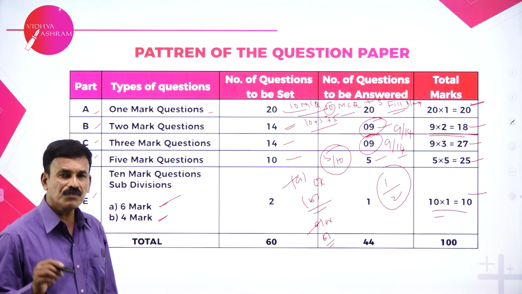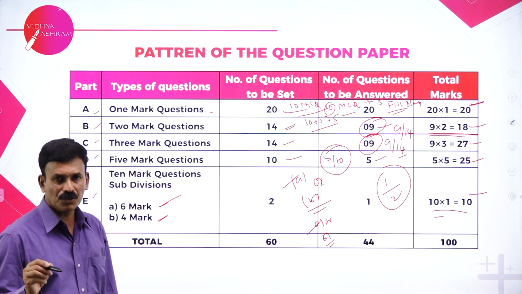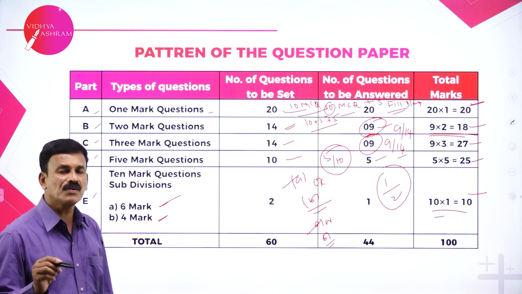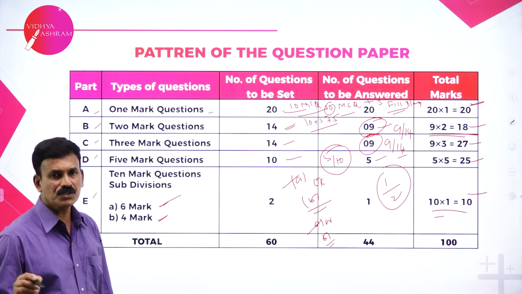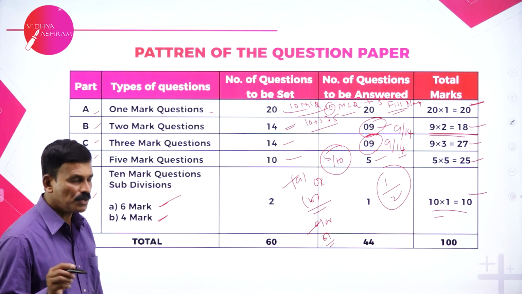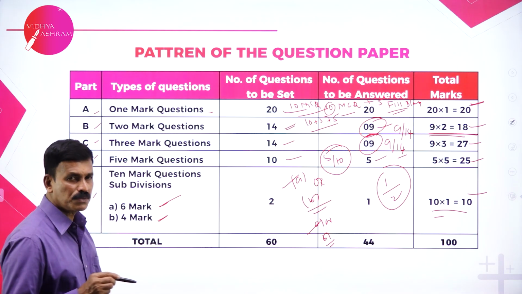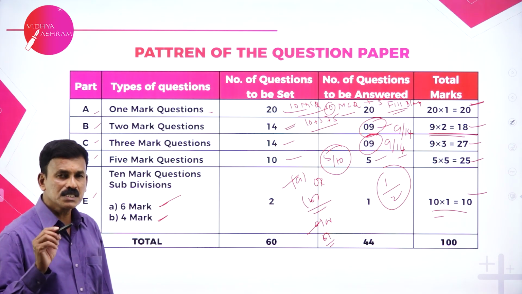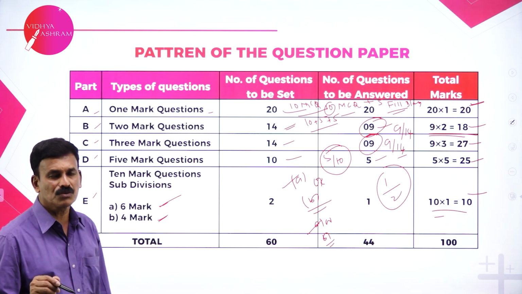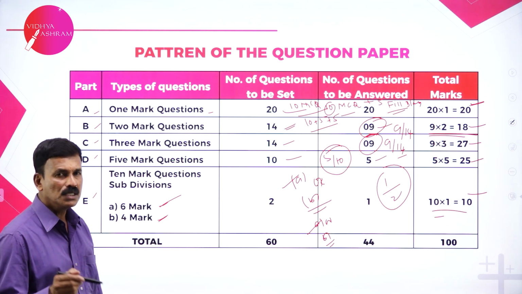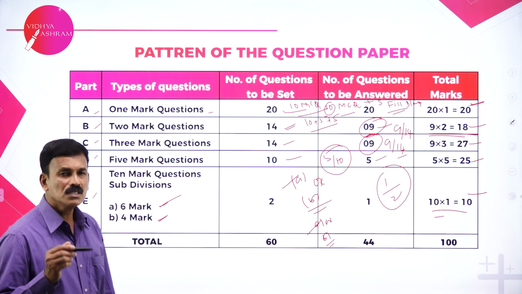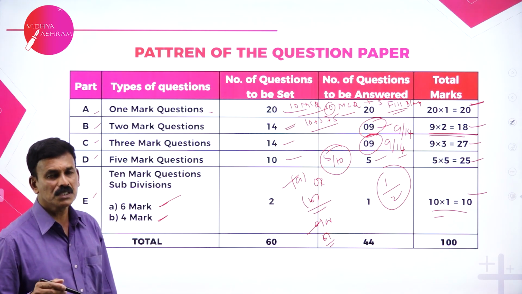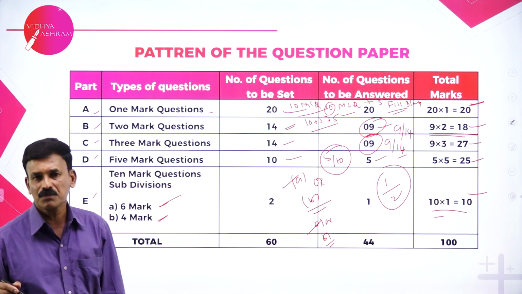Again in part D, 5 marks questions, answer any 5 out of 10, 5 fives are 25. And in the last part, part E, one 10 marks question: one 6 marks question and one 4 marks question. 6 plus 4 equals 10. This is also a compulsory question. So this is how the question paper is set for the first PUC final examination.